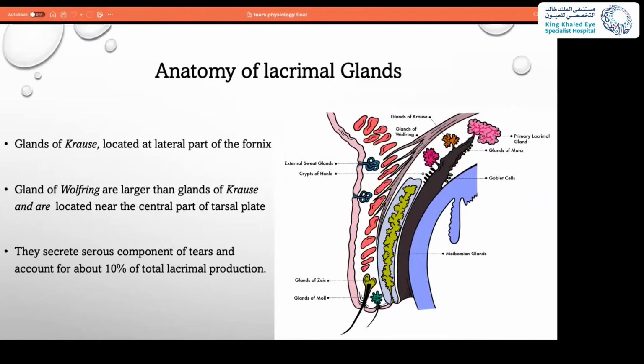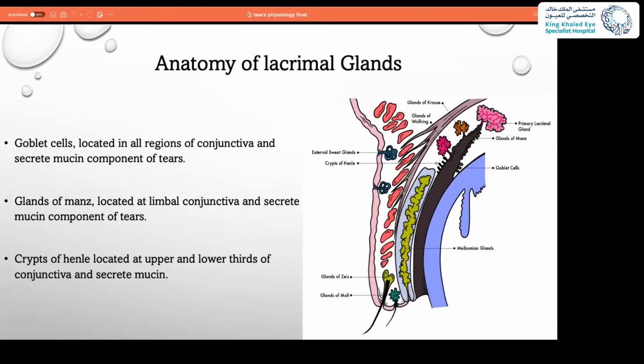Both glands secrete the serous component of tears and account for about 10% of total lacrimal production. Both are cytologically identical to the main lacrimal gland, and both receive similar innervation.